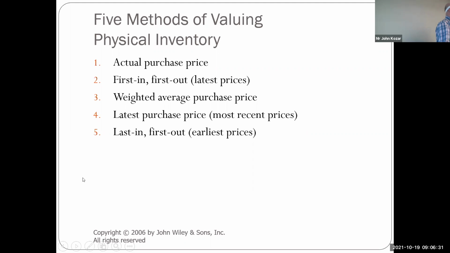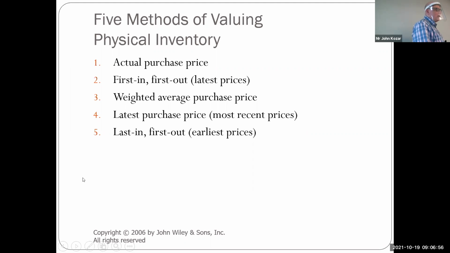If you bought 5 cans last week and 5 cans the week before, and they're different prices, and you have 7 cans of inventory, you'll take the 5 cans that you purchased last week, assign that price to them, and then the other 2 cans, you'll assign the price purchased from the week before, even if it's totally opposite.